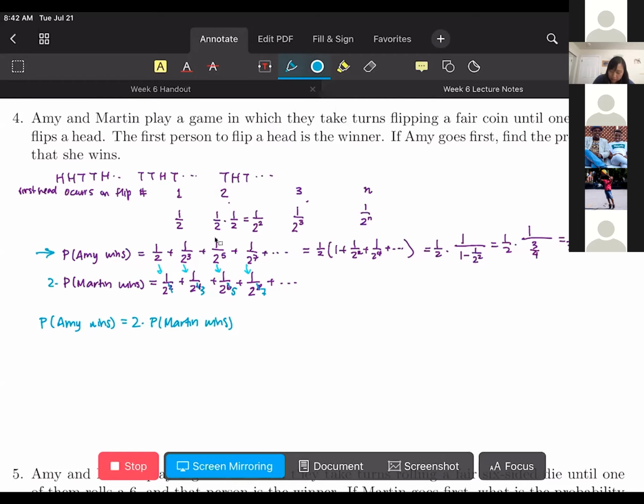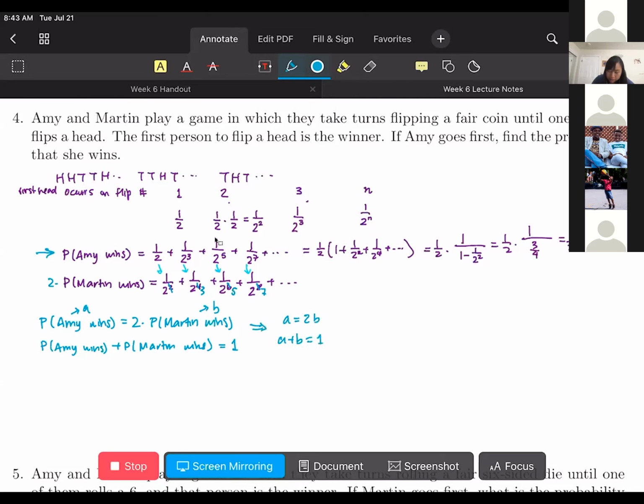So if we solve for this, we can say that the probability that Amy wins equals 2 times the probability that Martin wins, and also the probability Amy wins plus the probability Martin wins equals 1. So if we say this is A and this is B, then we have the system of equations A equals 2B and A plus B equals 1.